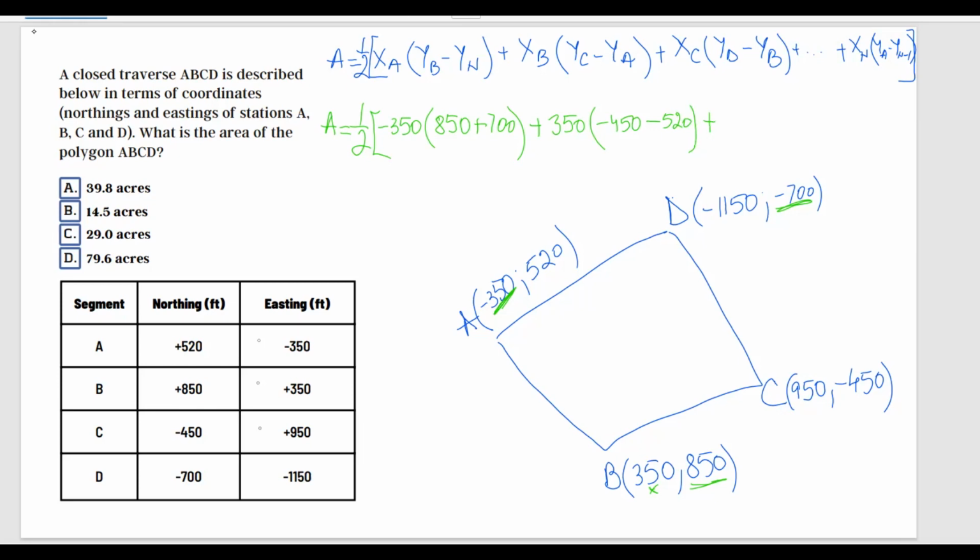Plus XC, now this guy, XC 950, multiplied by, moving forward by YD, this guy over here, minus 700, minus YB, which is 850.